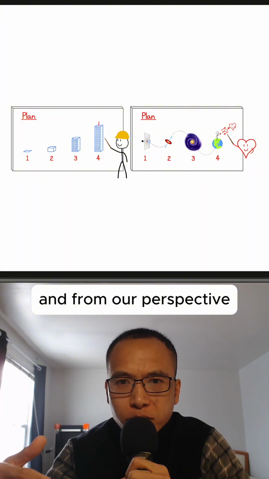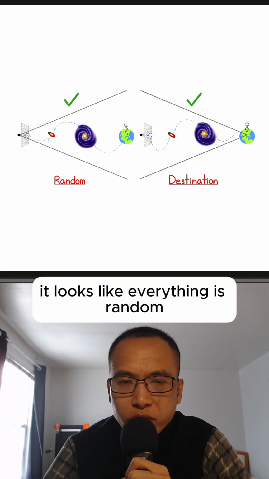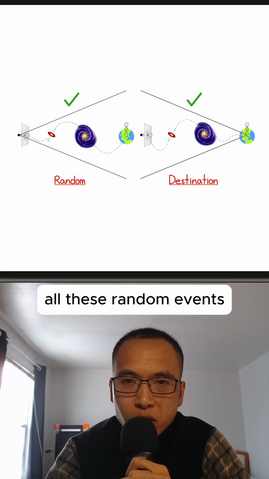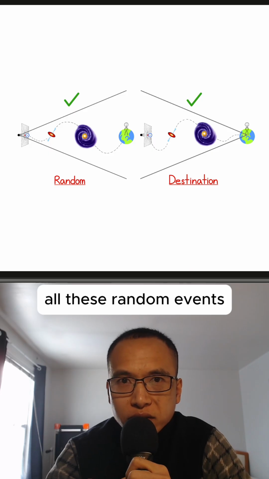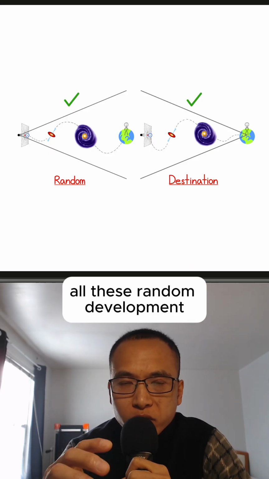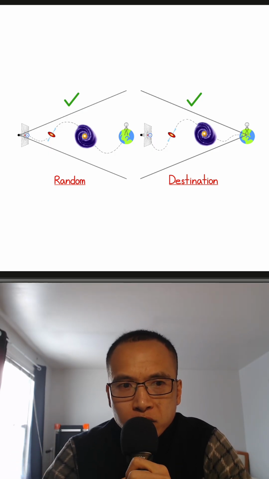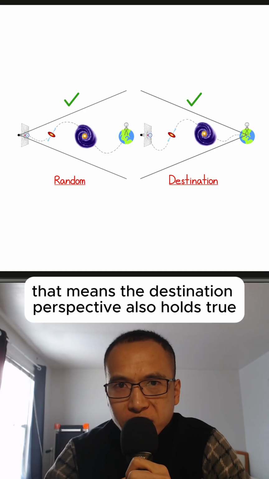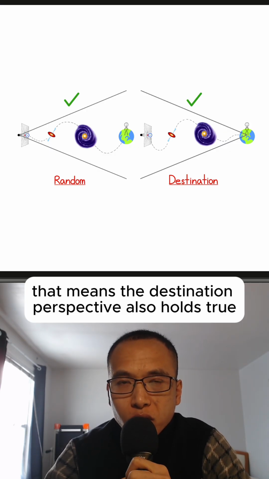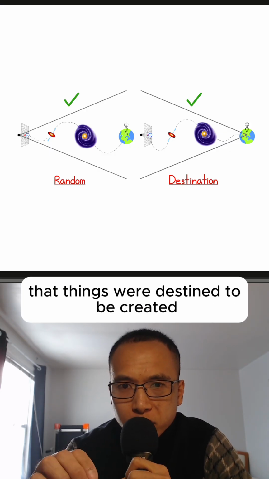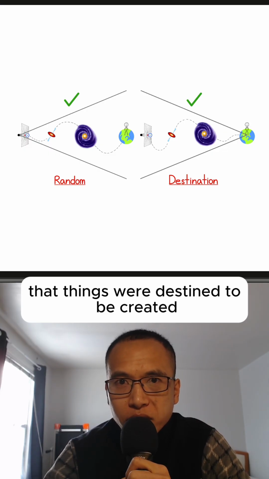And from our perspective, it looks like everything is random. All these random events, all these random developments lead to a predetermined finished form. That means the destination perspective also holds true, that things were destined to be created.